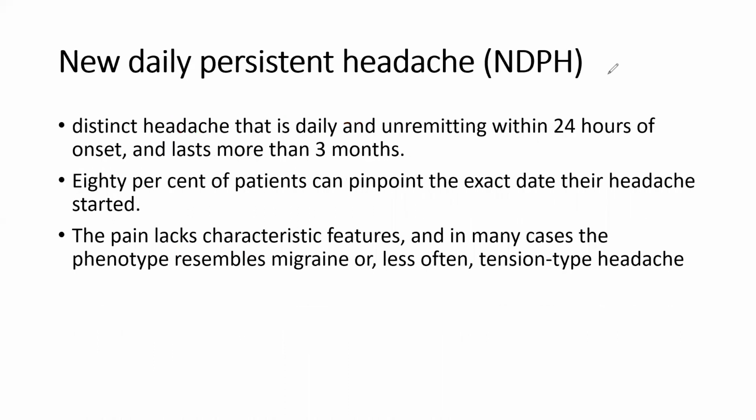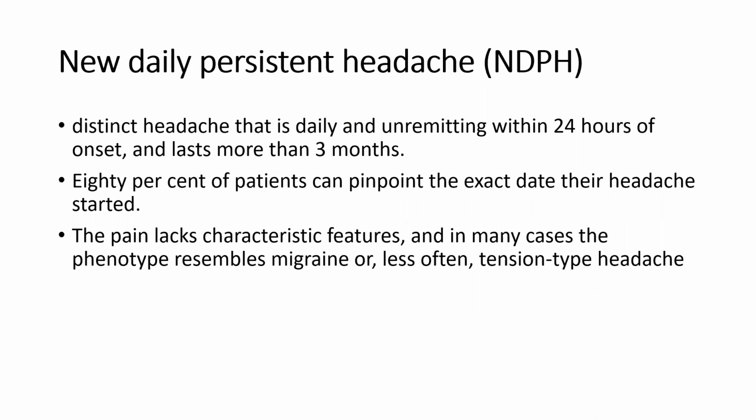Another thing is the new persistent headache syndrome, or new daily persistent headache. It could be any type: migraine, tension-type headache, or another secondary headache as well. The new daily persistent headache becomes persistent within approximately 24 hours of onset, and it is a daily headache that can persist for more than 3 months.